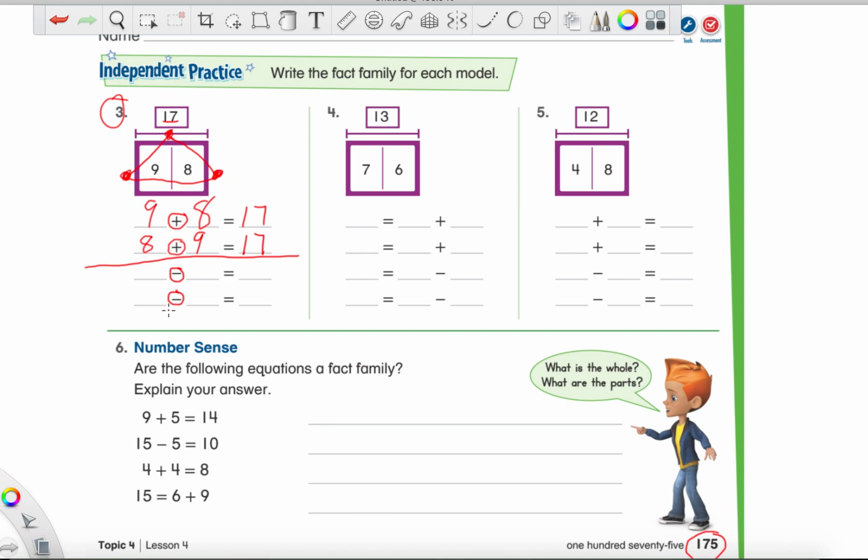Again, one of the most important parts is knowing where the big number goes for a subtraction number sentence, okay? So go ahead and try these subtraction problems only.